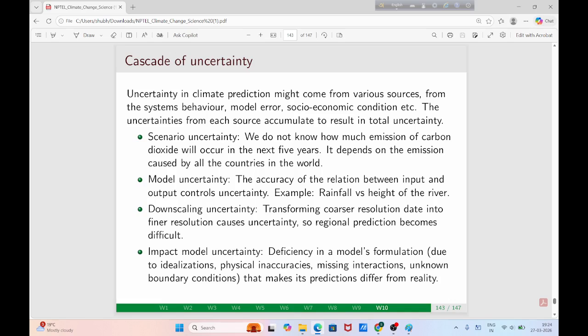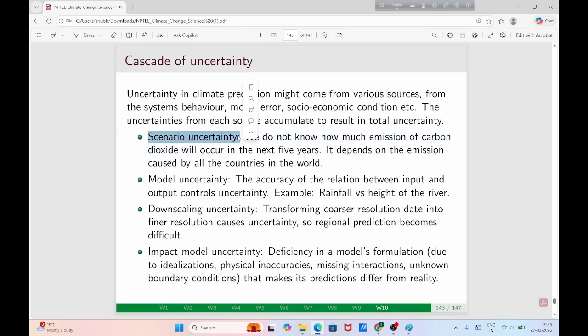Now comes the topic of cascade of uncertainty. In our modeling, there are different layers of uncertainty which can accumulate together to make our forecasts poorer. There are different uncertainties at different levels which eventually add up to give us greater uncertainty. One is the scenario uncertainty.